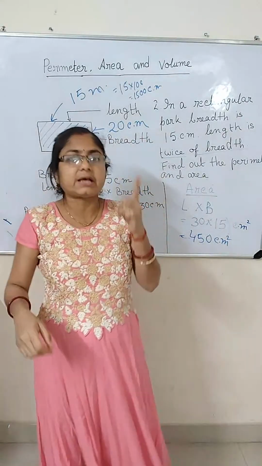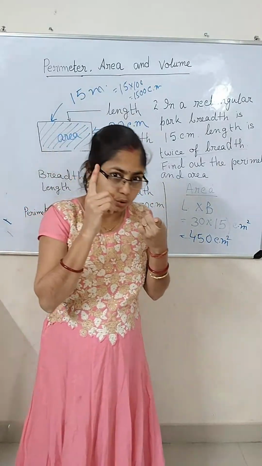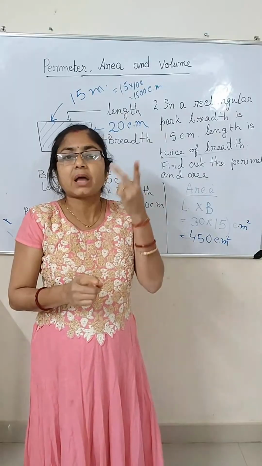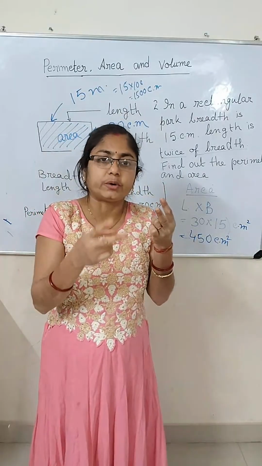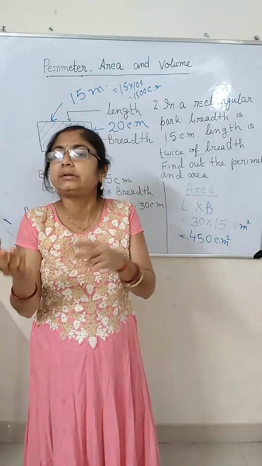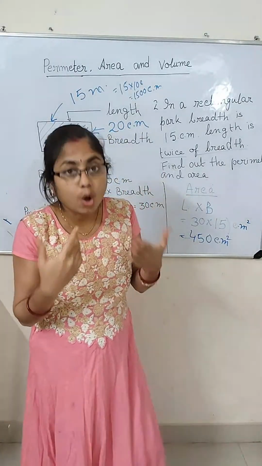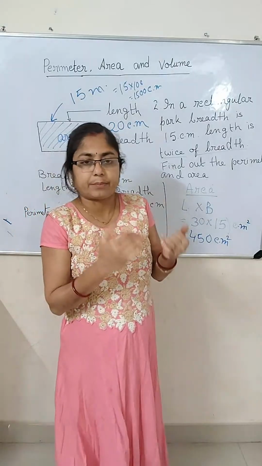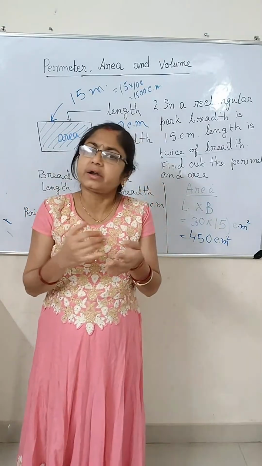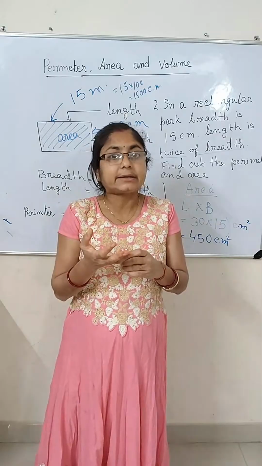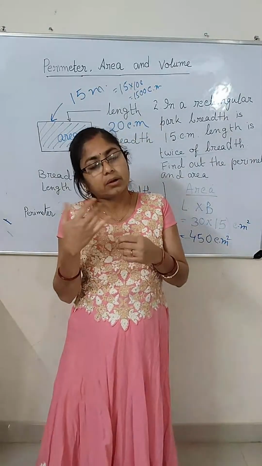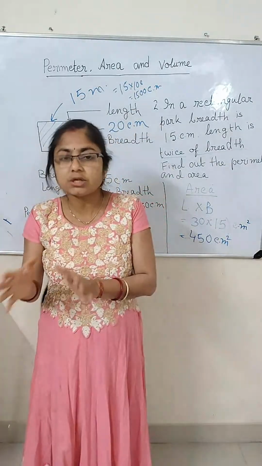Three more main things. Number one, read the questions 2-3 times. Number two, if there are 2 units, always convert to the small unit. Why not the big unit? Because if you convert to the big unit it is also okay, but at that time decimals come. So I request everybody change into the small unit.